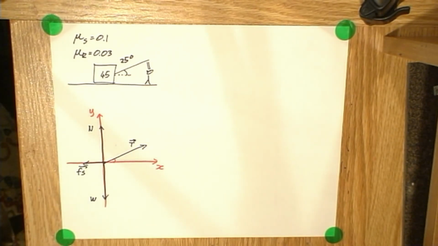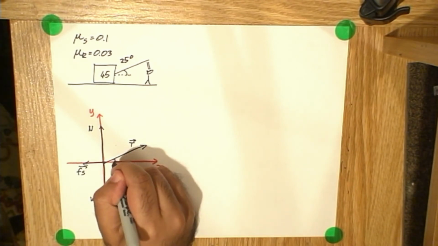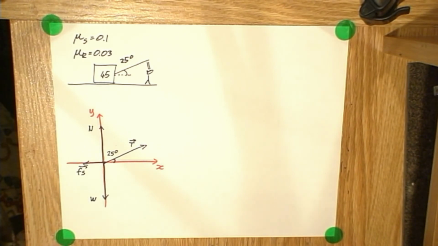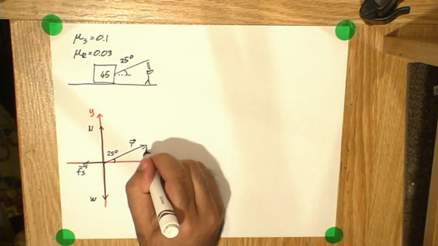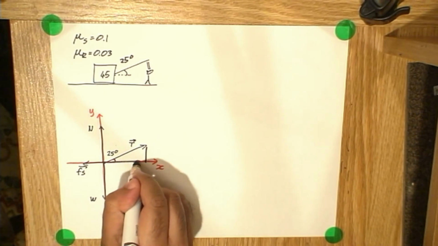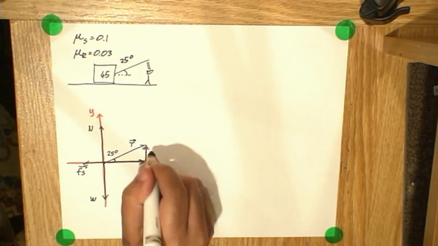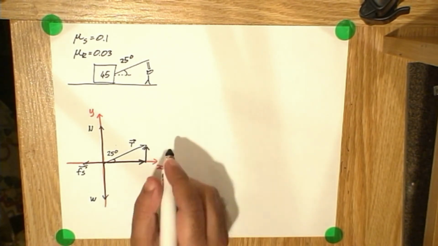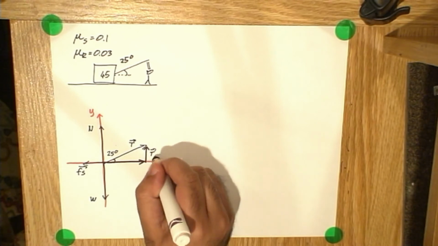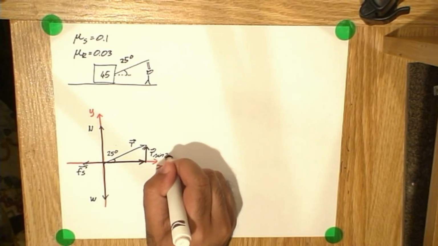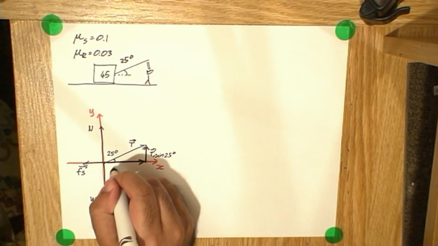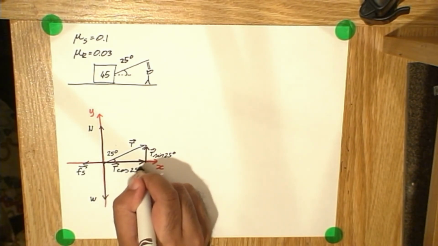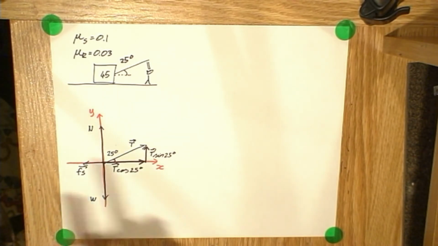So the angle of the tension is 25 degrees above the horizontal, and we can break it into its components like so. So this vertical component is going to be T sine 25 because it is opposite the angle. And this horizontal component is going to be T cos 25 because it is adjacent to the angle.